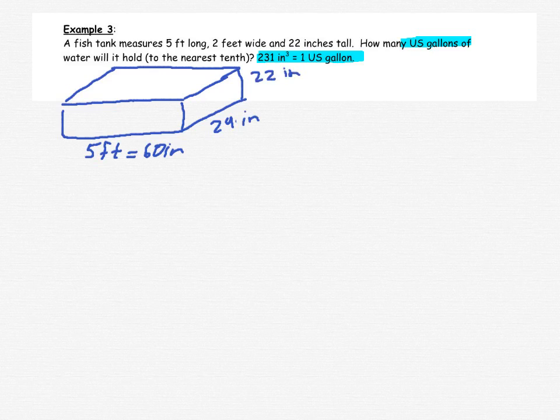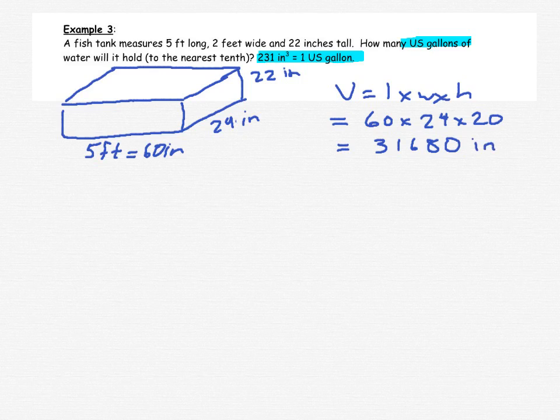To find the volume of this tank, you need to multiply the length times the width times the height. Basically, it's considered to be a rectangular prism. So 60 inches times 24 inches times 22 inches. The grand total works out to be 31,680 cubic inches.